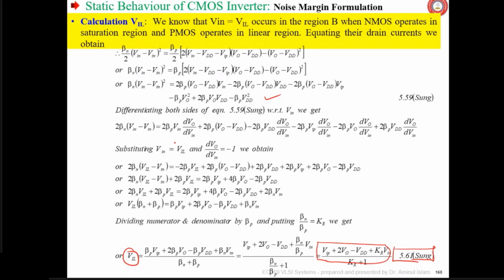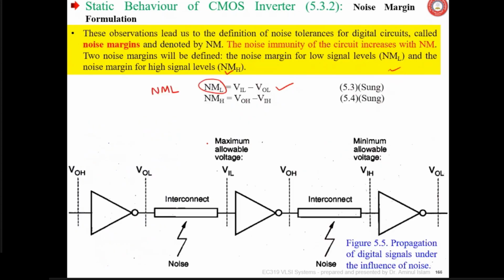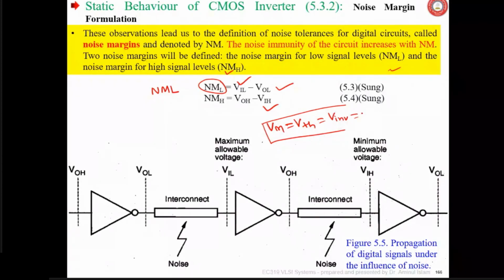We know that VIL and VIH, these two things we are supposed to know. And we know VM, sometimes denoted by VTH, or sometimes by VINV, the inverter switching threshold voltage. It is denoted variously in different literature and different books. Ideally, a well-designed inverter should give VDD by 2, the middle of the supply voltage.